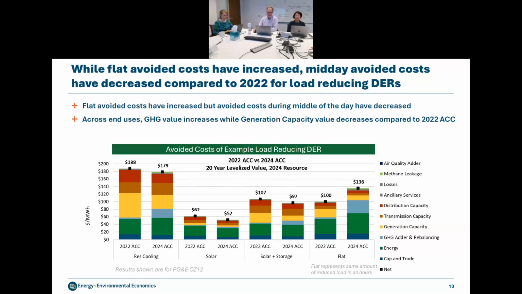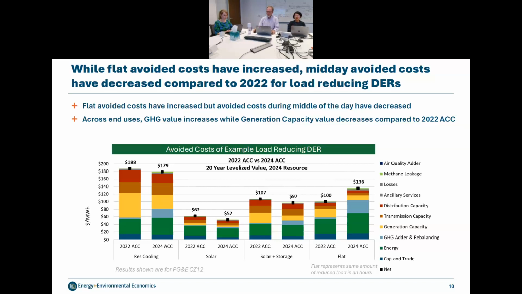That's really because of the time dependence change in the energy as well as the GHG avoided cost. In terms of the ratio between different components, we see that the GHG value has increased for the 2024 ACC, while the generation capacity value has decreased.